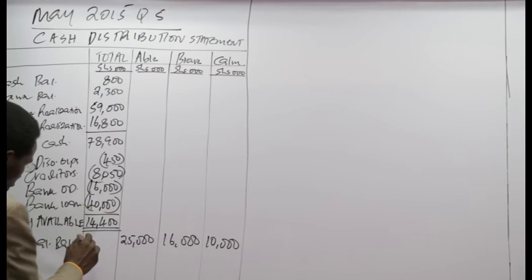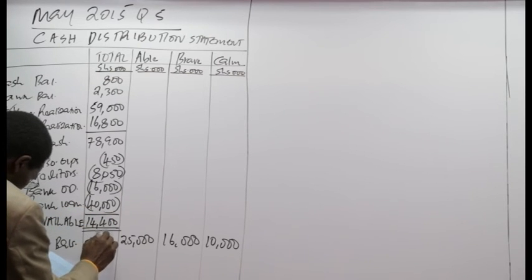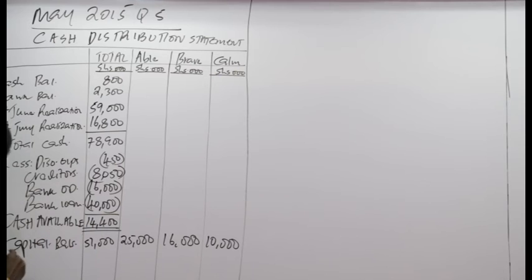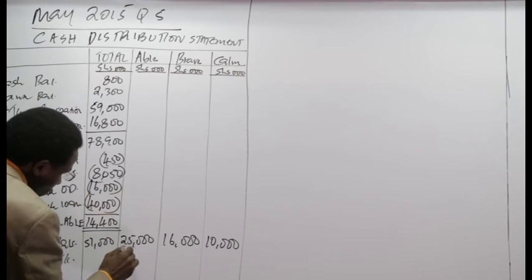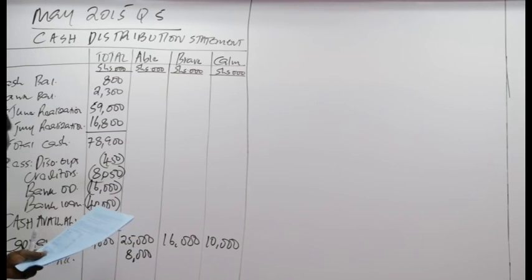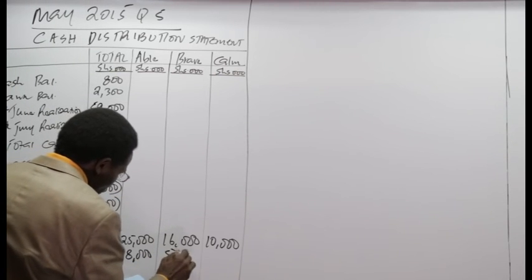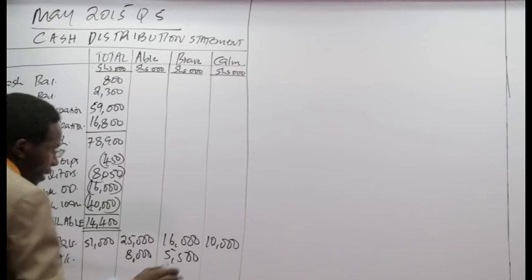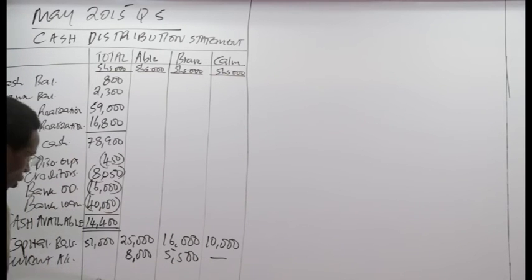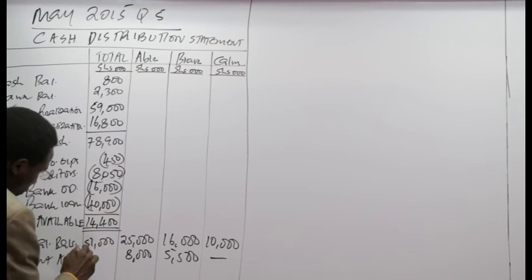The total of which is coming to 51,000. Current accounts, we also have the current accounts. The current account for Able is 8,000. The current account for Brave is 5,500. Calm doesn't have a current account balance. So the total of which is coming to 13,500.